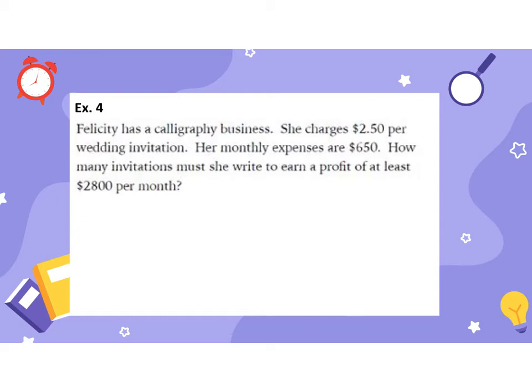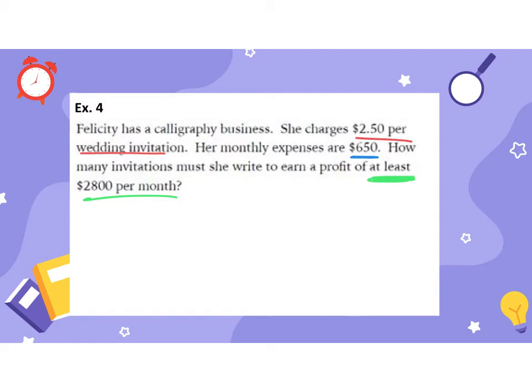What's important here? 250. Good. $250 per wedding invite. What else? $650. And what am I solving for here? How many invitations to earn a profit of at least, that might be important, $2,800 per month.